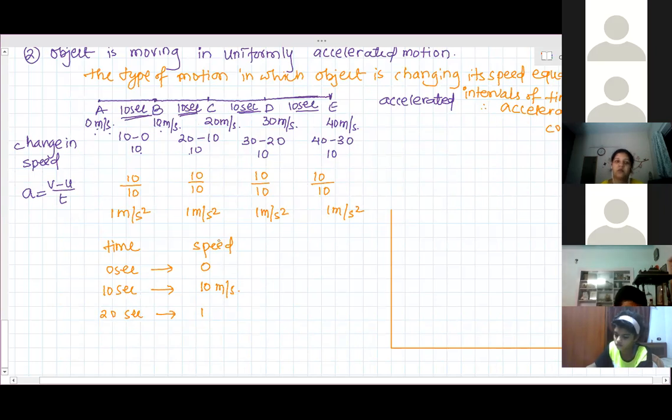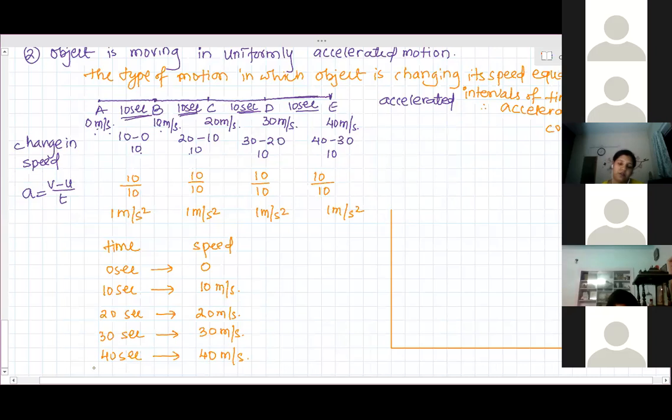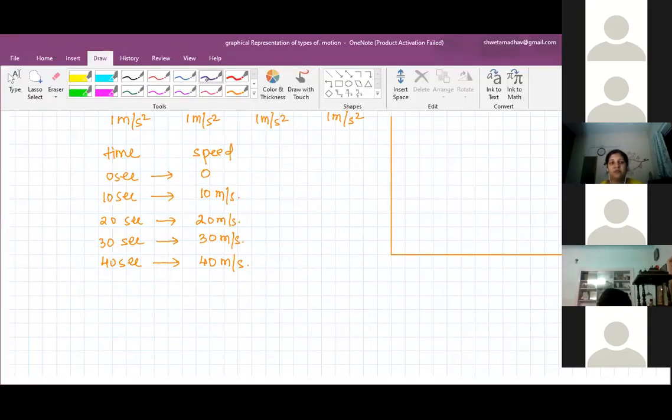Okay, 20 meters per second. In 30 seconds from the beginning, the speed increases to 30 meters per second. In 40 seconds, the speed has reached 40 meters per second, right? So these values we have to plot on the graph.